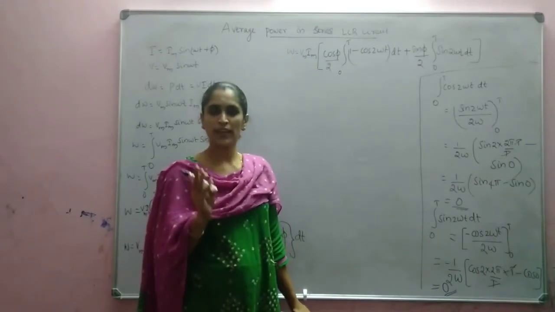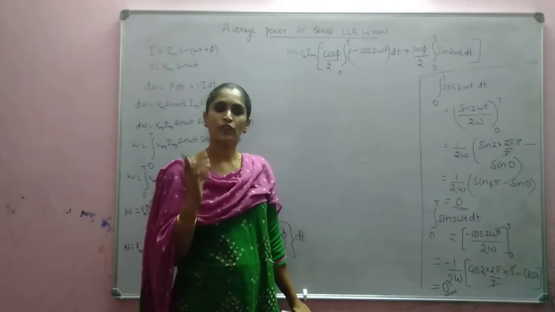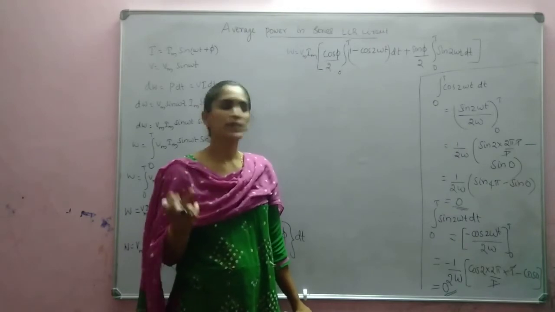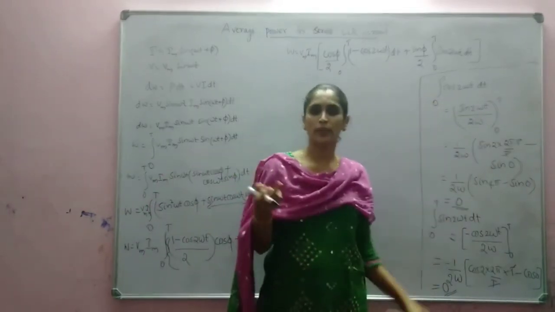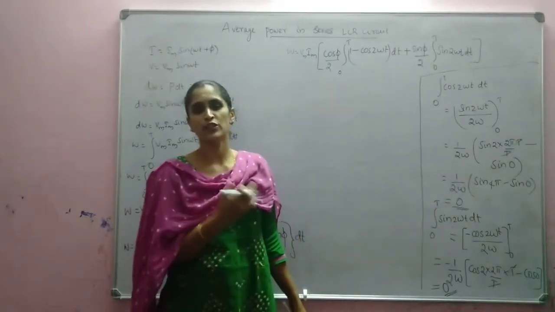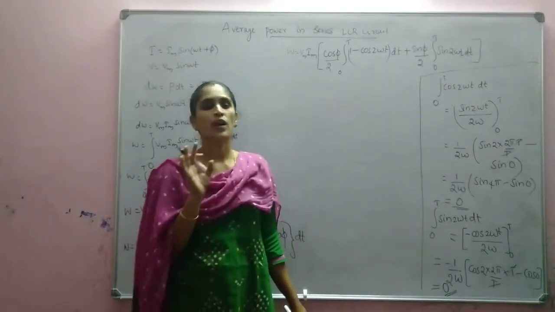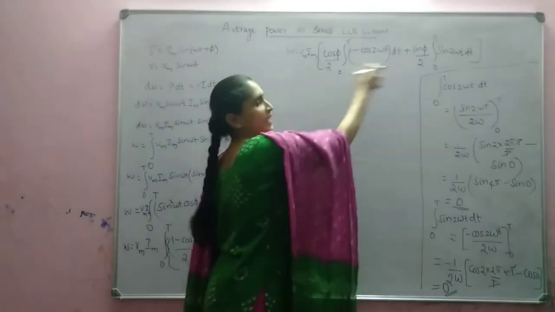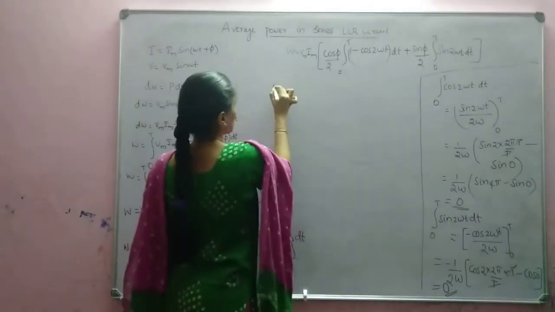Whether it is sine omega t, for one time interval it will be 0. Here it is sine or cosine 2 omega t. If it were cos omega t or sine omega t also, its average value will be 0 for one time interval. Okay, now we can finish this part. So what we will get?